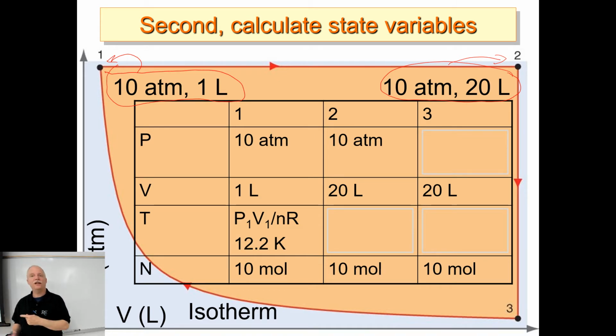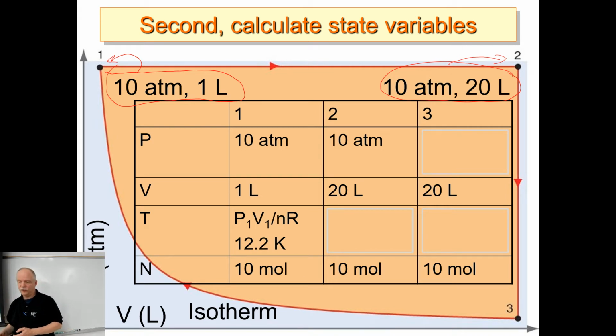But now that I've calculated the temperature for spot number 1, they're on an isotherm. That's a mental skill that you have to have. When you see things on isotherms, they're the same temperature. So when you're filling out your state variables, sometimes that's the key to the puzzle. You're looking at this column over here, like, I've got 2 variables and I need 3 to solve the problem.